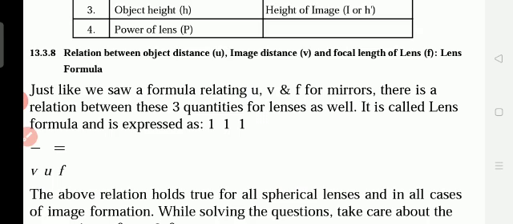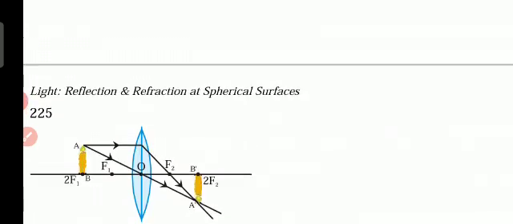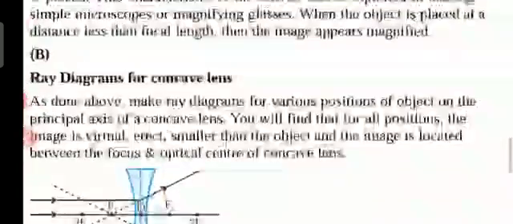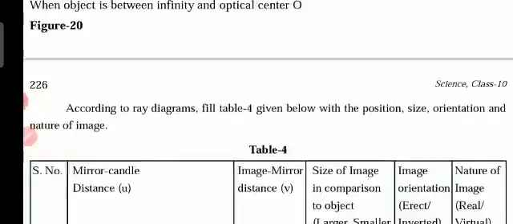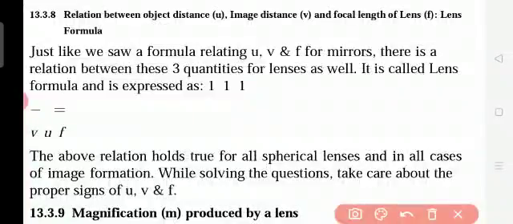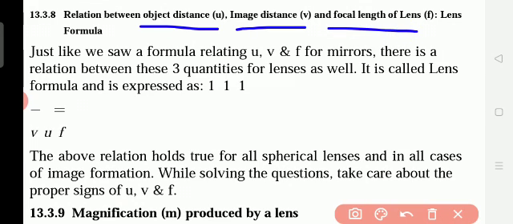So here you see the mirror formula. How do we take it? Object distance is u, image distance is v, focal length of the lens is f. Object distance and image distance mean what?